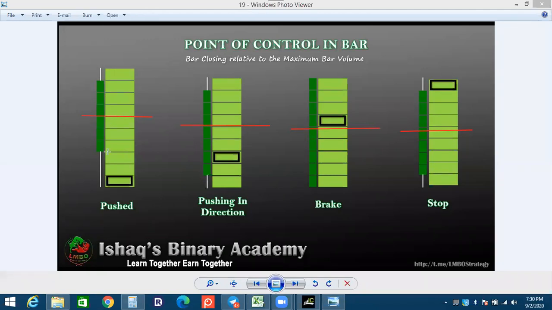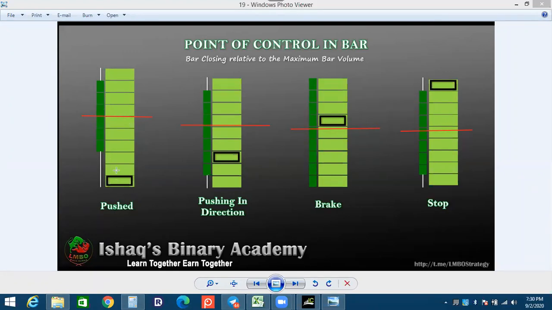So the point of control, the high volume, appears in the base of the candle or above the base of the candle. So there are two parts. We can say that one is the half part of the candle on the lower side and the other half on the upper side. This candle is called the pushed candle.